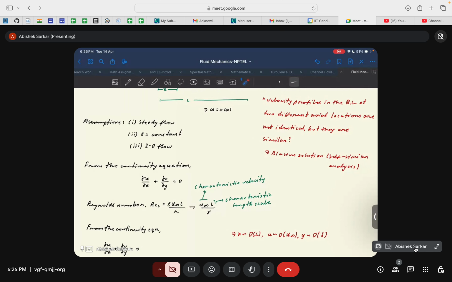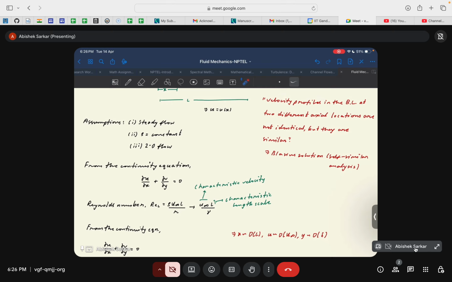Now from here, we define our Reynolds number by considering the length of the plate as our characteristic length scale, and u infinity, the free stream velocity, as the characteristic velocity.